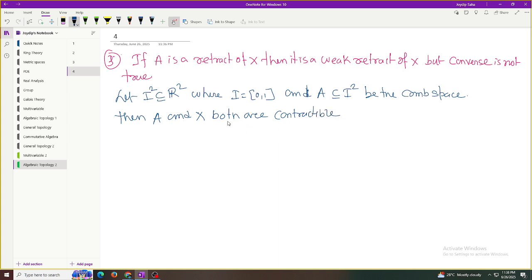It is your homework that the comb space is contractible. Hence A has the same homotopy type as X, and you can see that the inclusion map is a homotopy equivalence.